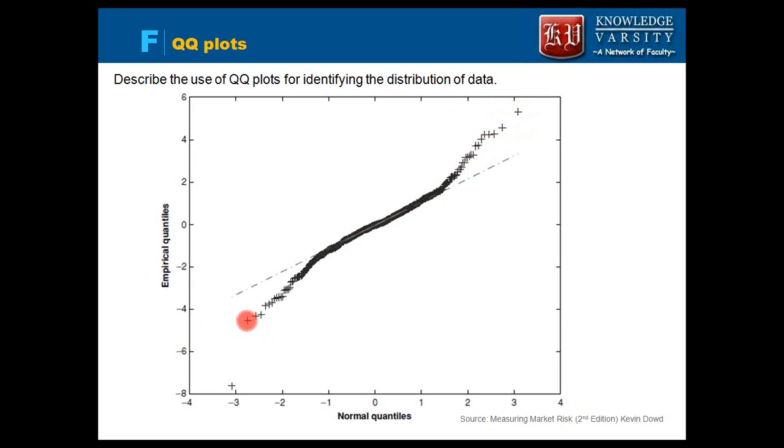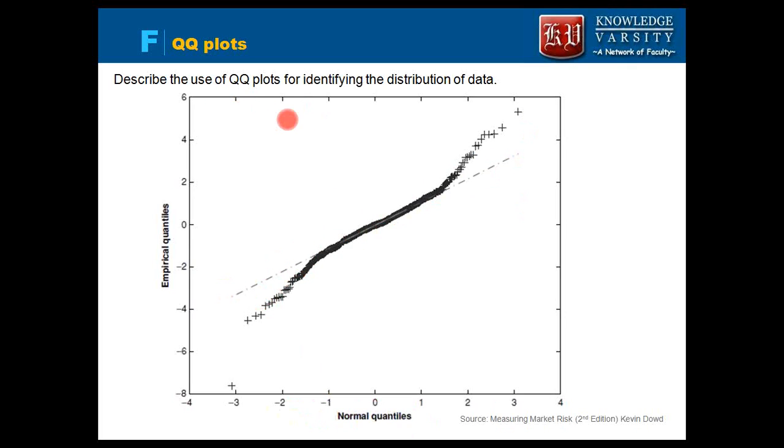Here it has a fatter tail, right? When the deviation is greater than 2 standard deviations, you find this significant. On the y-axis the t distribution is plotted, and on the x-axis you have the normal. Ideally if you are plotting normal versus normal, this will be the ideal line.